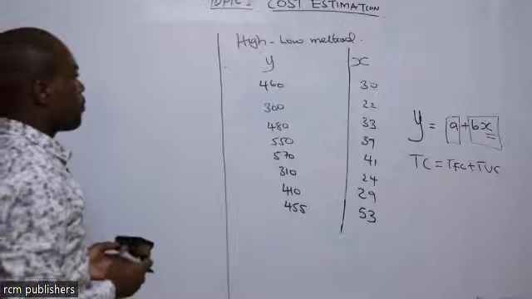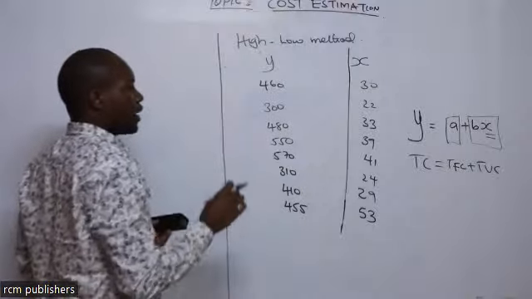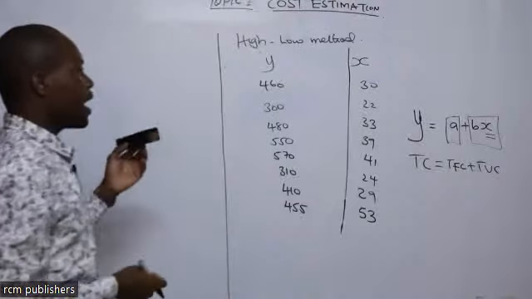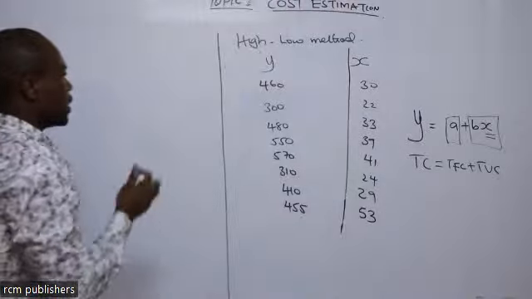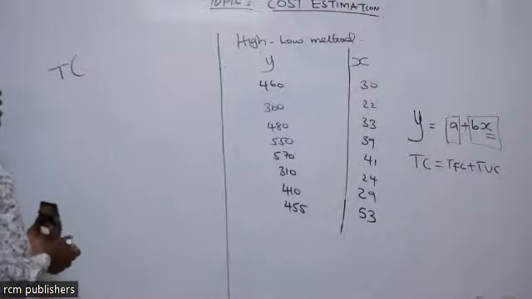For example, if I want to get the combination of the highest value, which one are we going to pick? Because we are going to apply the high-low method. So let's have the first coordinate. The first coordinate should be of the highest value.